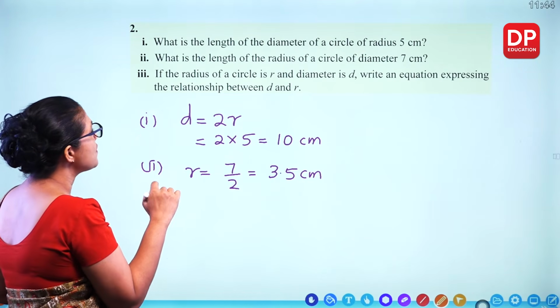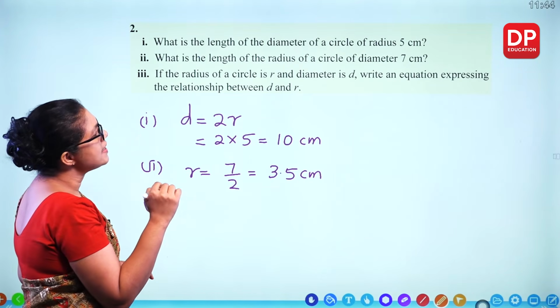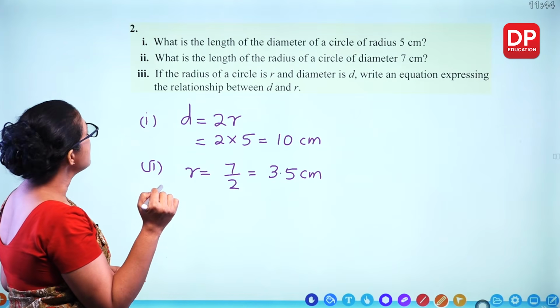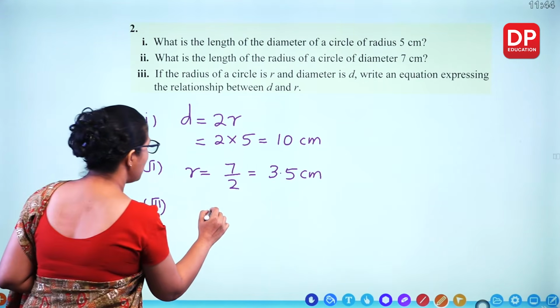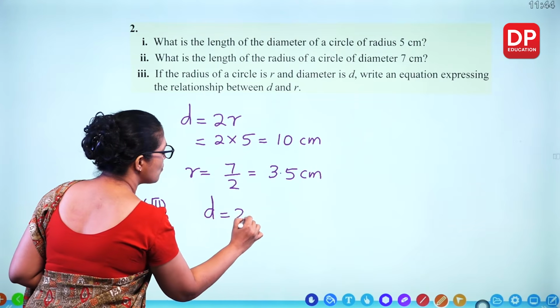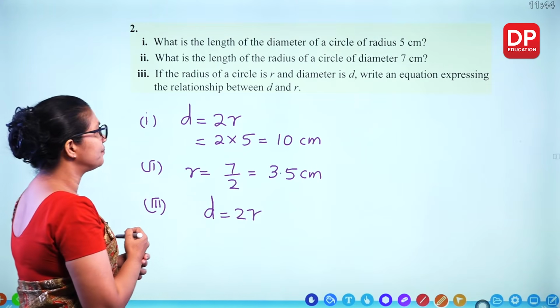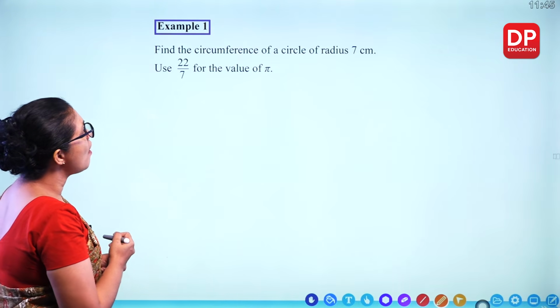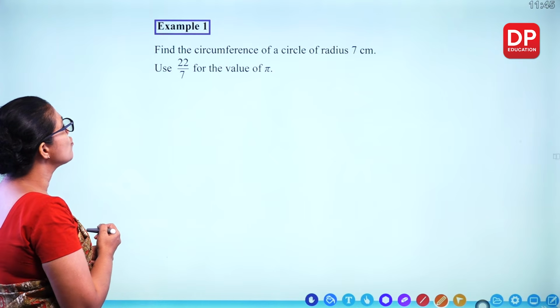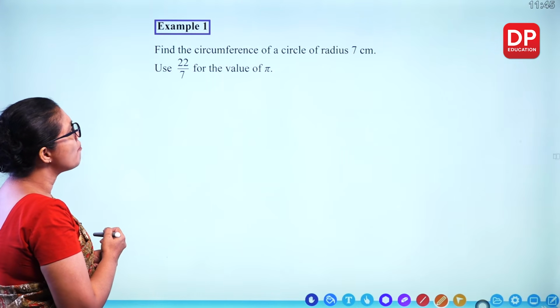If the radius of a circle is r and the diameter is d, write an equation expressing the relationship between d and r. D equals 2r. Example number 1. Find the circumference of a circle of radius 7. Use 22 over 7 for the value of pi.